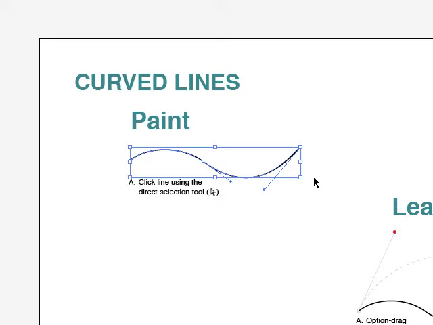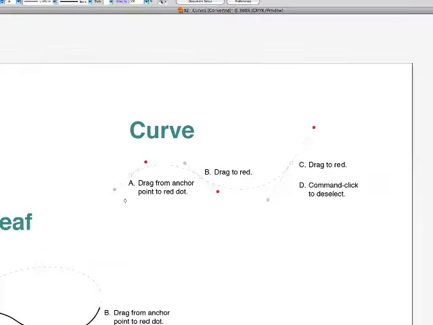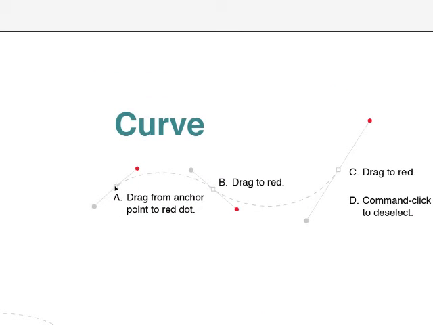So I'm going to Command deselect and move over and create the curved line. Rather than just clicking to set anchor points to draw the line, which we did with the straight lines, we need to click and drag to indicate the direction in which the curved line segment is going to go.